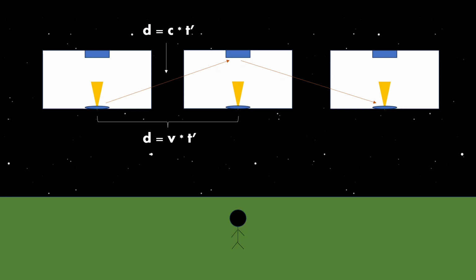Then, the distance the light travels to hit the mirror is d equals c times t prime, where c is the speed of light and t prime is again the time it takes for the light to hit the mirror from the point of view of the observer. As you can tell, this is already very close to a triangle. We still need the right leg, which we know from the spaceship reference frame.